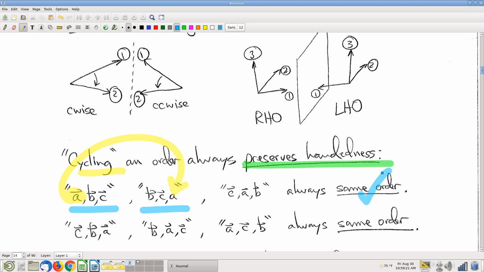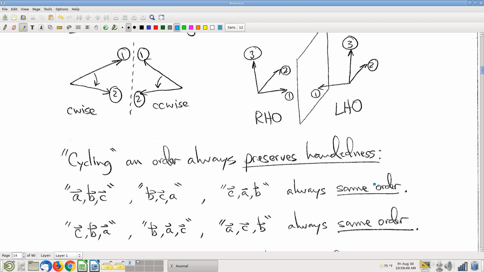Now that's the first one, that's the second one, that's the third one. So you can think through the geometry and persuade yourself, this is what cycling looks like geometrically. And you can see pretty clearly that if you start with a right-hand order, you're going to be left with a right-hand order. And likewise, if you start with a left-hand order, you're going to end up with a left-hand order. That's kind of a neat point of view.